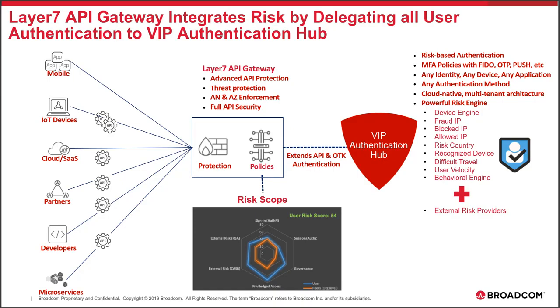That requires an authentication system with a flexible, capable authentication policy, dialing up or down the level of authentication with various requirements, such as FIDO2, passwordless, OTP push, whatever your choice is, that can adequately protect the identity by establishing the level of risk. And that's where the risk engine starts to come into the picture.